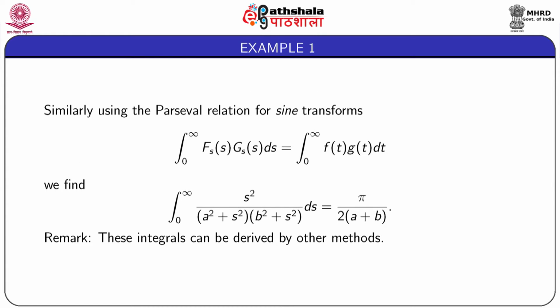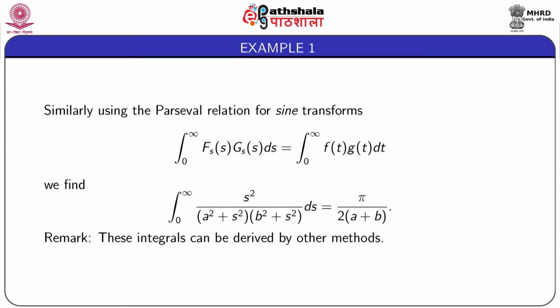Similarly, the Parseval relation for sine transform can be obtained, and this is given by integral 0 to infinity F_s(s) into G_s(s) ds. This is equal to integral 0 to infinity f(t) g(t) dt.